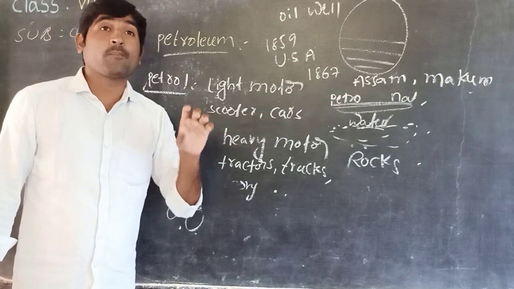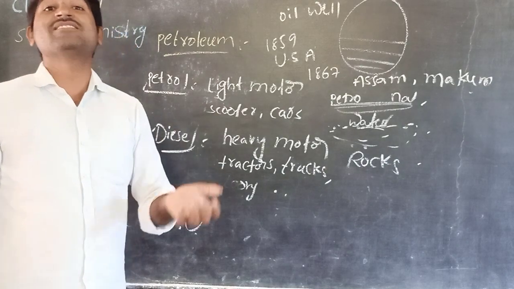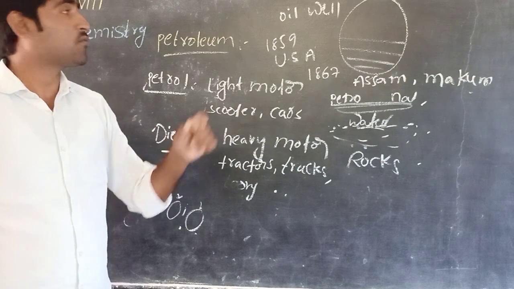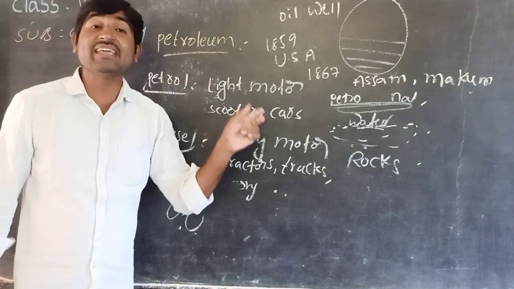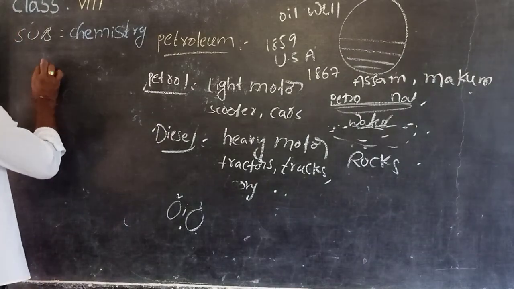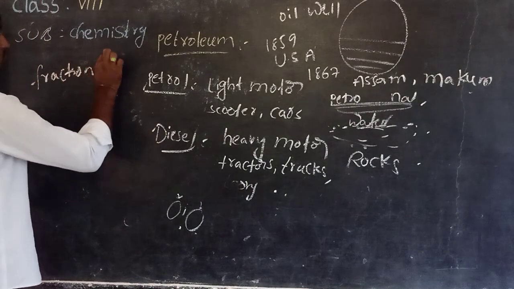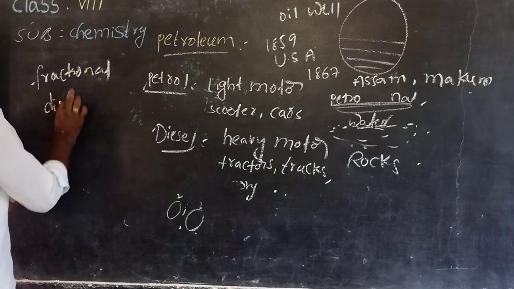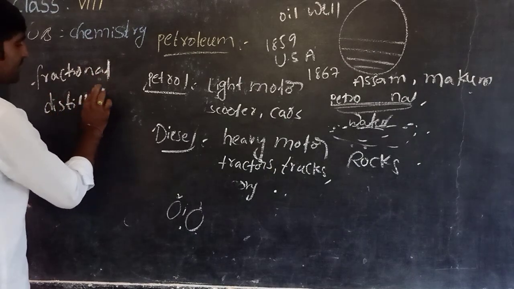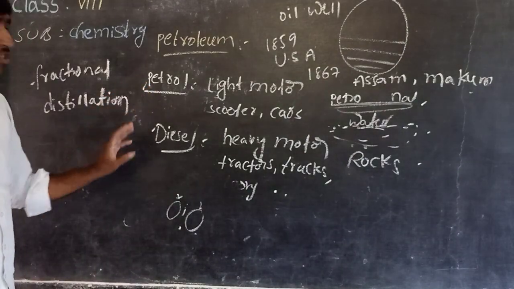The process of getting various components from petroleum is by sending it to fractional distillation. By sending it to fractional distillation, we will get different products from the petroleum.